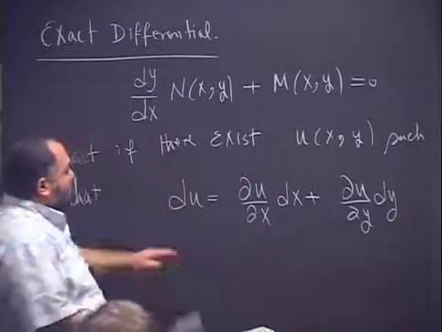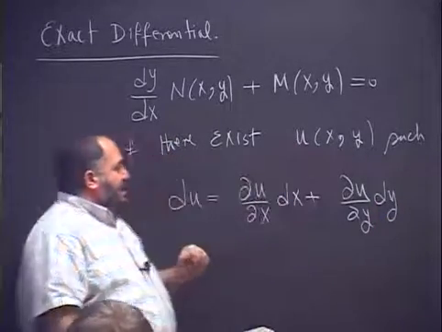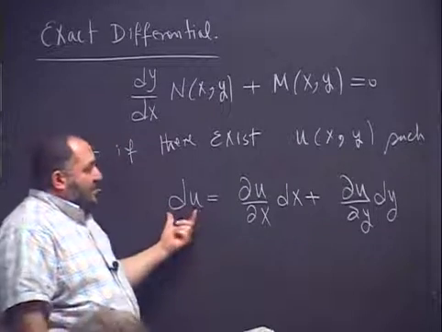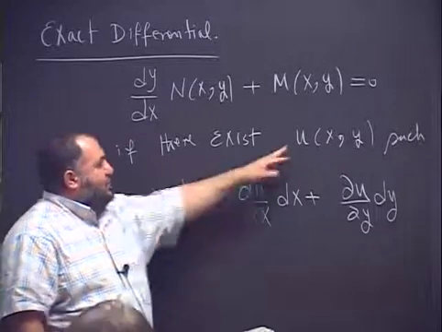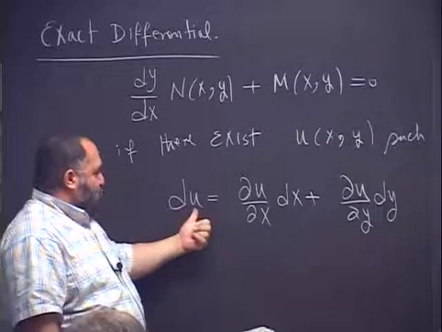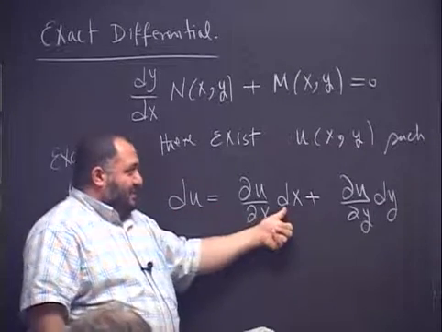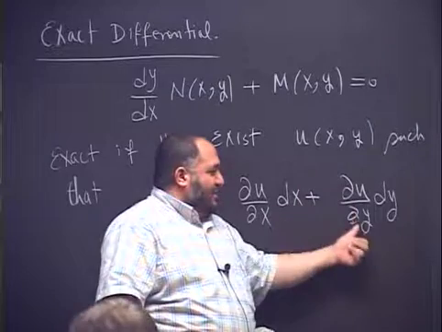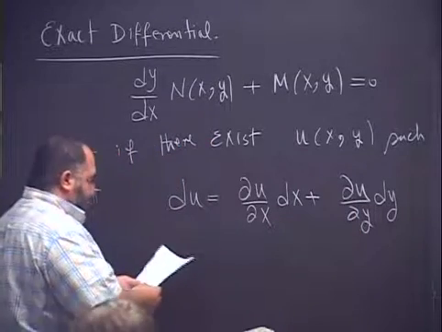So if you have a function u of x and y, the exact differential of the function u is just du, which is ∂u/∂x multiplied by dx plus ∂u/∂y multiplied by dy.